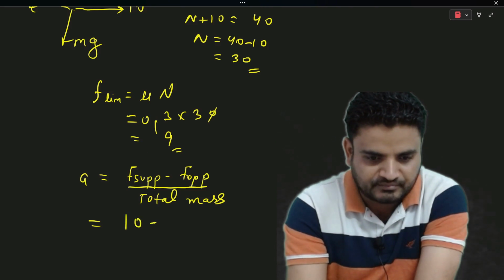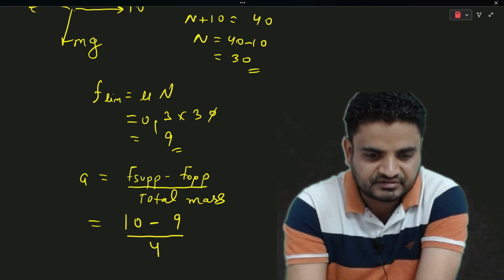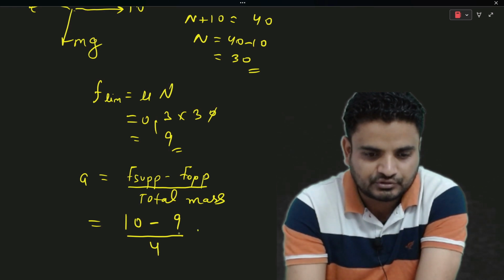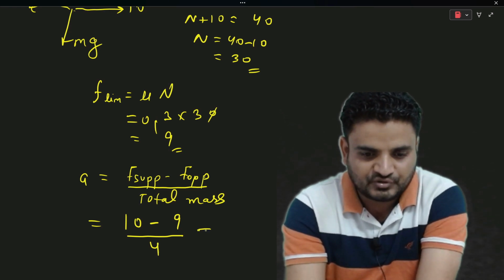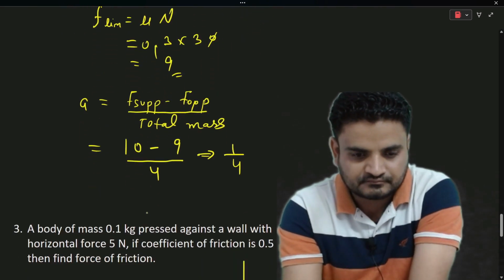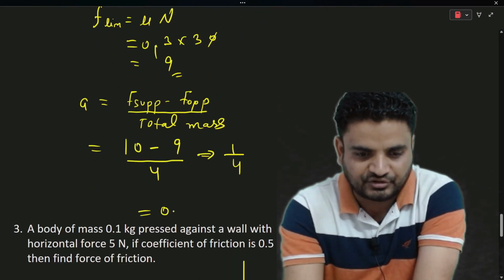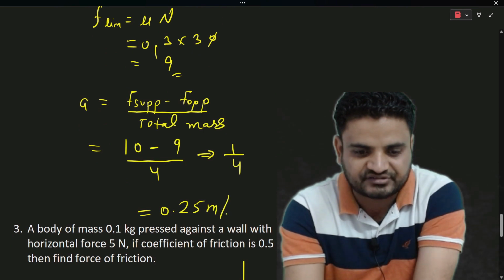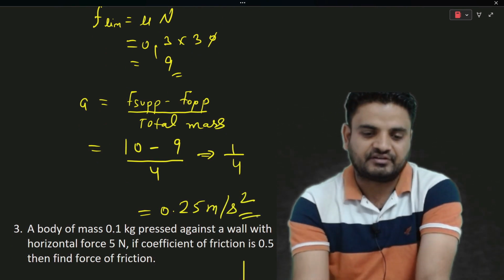So 10 Newton minus opposing force 9, and total mass 4. So it will be 10 minus 9, 1 by 4. If we solve, it will be 0.25 meter per second square. This is the final answer.